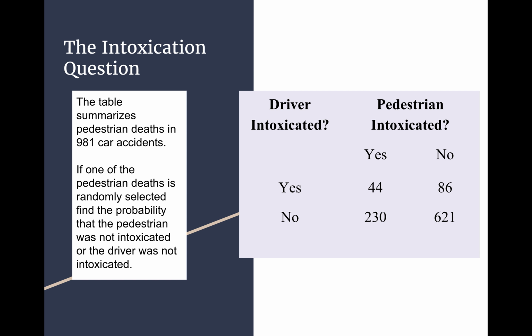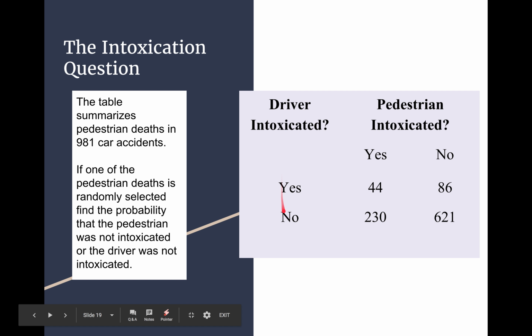So this table summarizes pedestrian deaths in 981 car accidents. If one of the pedestrian deaths is randomly selected, find the probability that the pedestrian was not intoxicated or the driver was not intoxicated. So let's just look here.